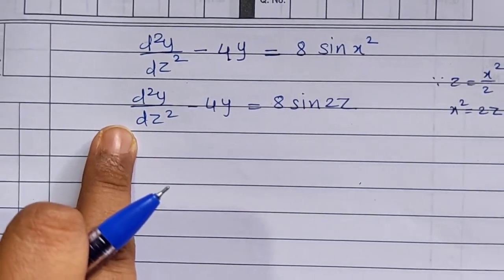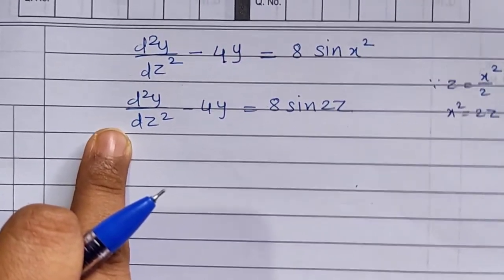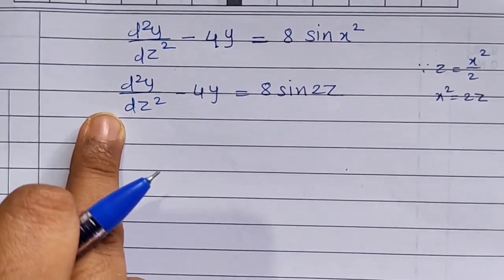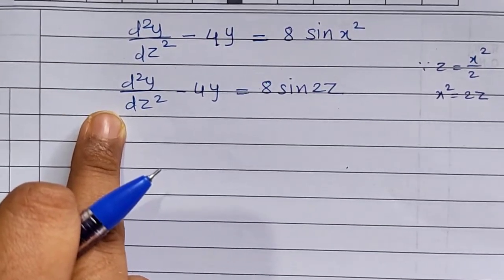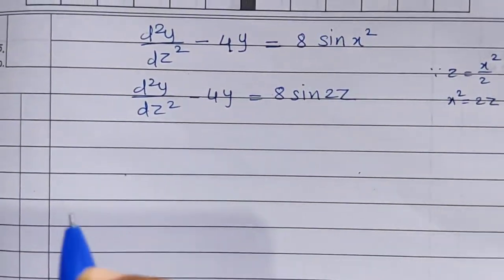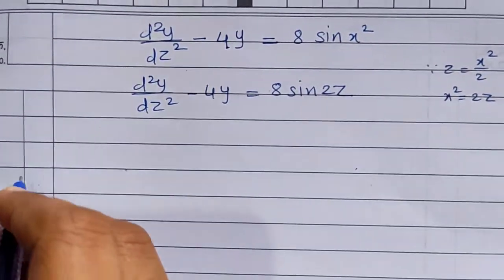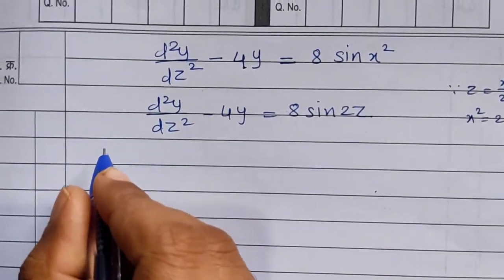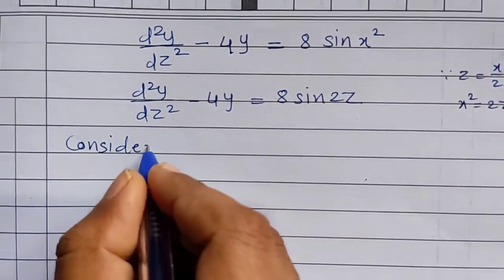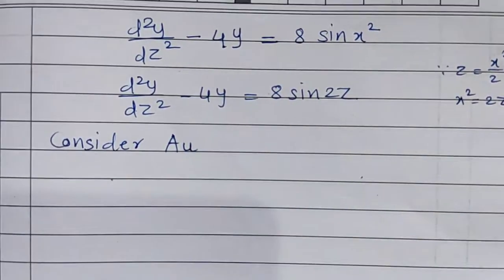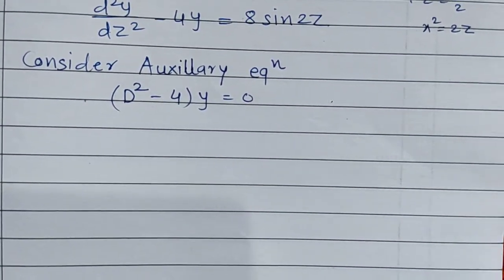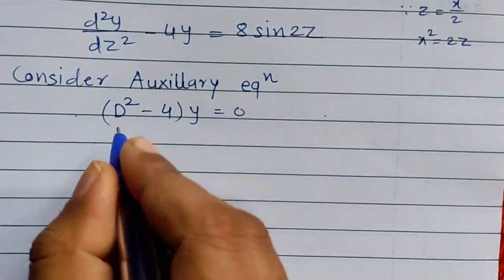So this is a non-homogeneous linear differential equation, so we have to find both CF as well as PI. Then we get the complete solution of this linear differential equation. Let us first find the complementary function. To find the complementary function, consider the auxiliary equation d square minus 4 bracket into y is equal to 0.